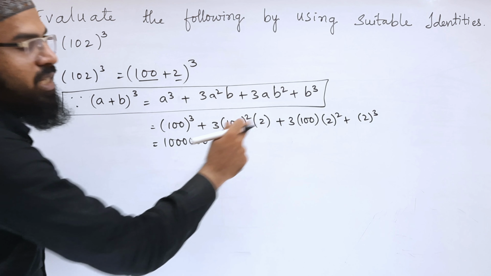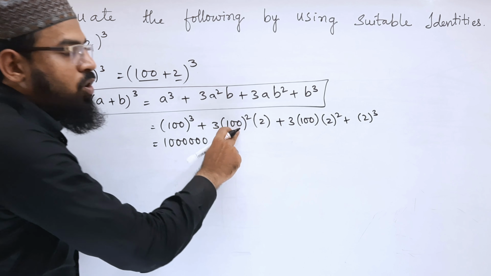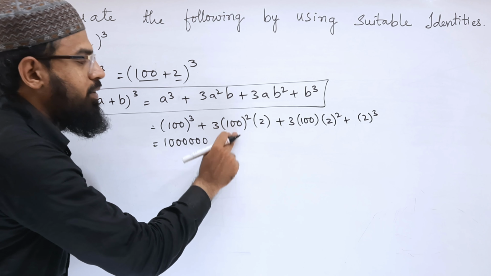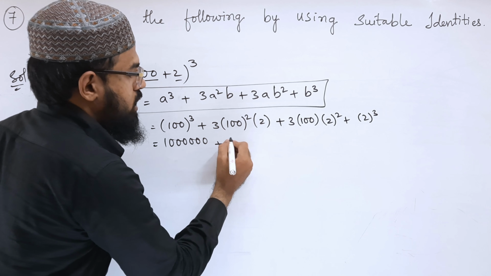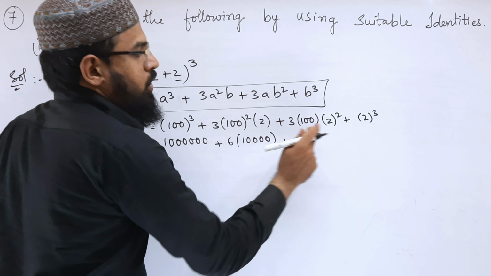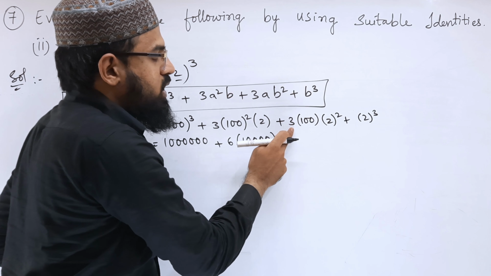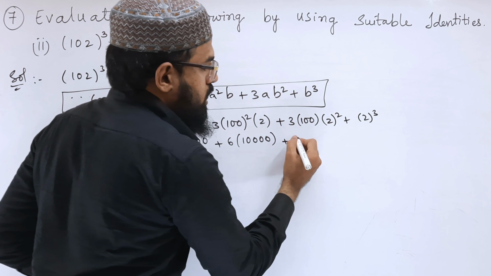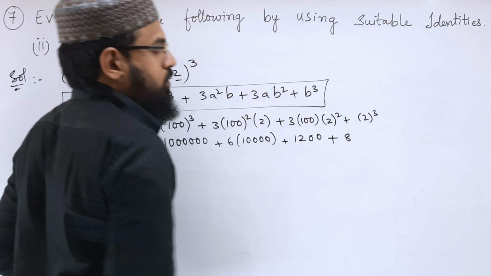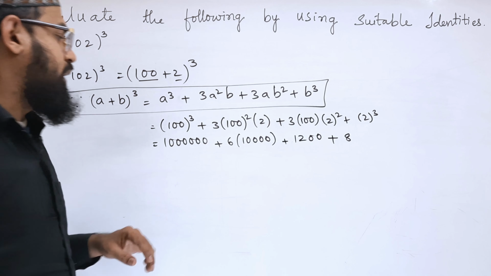Plus 3 twos are 6, and square of 2 zeros will be 4 zeros, that means it is 10,000. 6 into 10,000, plus 2 square is 4. 4 threes are 12. 12 into 100 is 1200, plus 2 cube is 8. 2 twos are 4, 4 twos are 8.